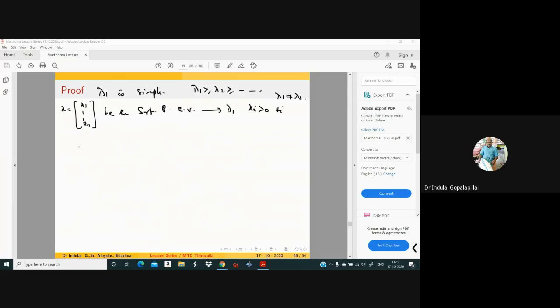And let z = (z1, z2, ..., zn) be an eigenvector corresponding to lambda 2. Then we know that since R^n has an orthogonal basis consisting of eigenvectors, these x and z are orthogonal.